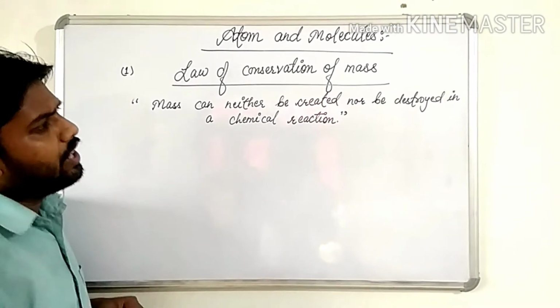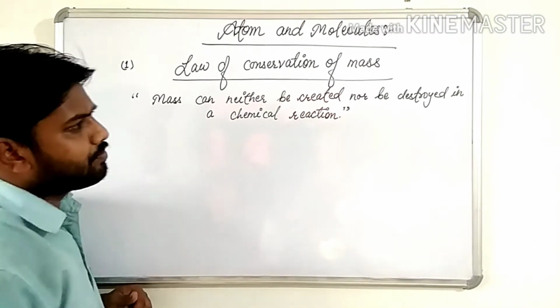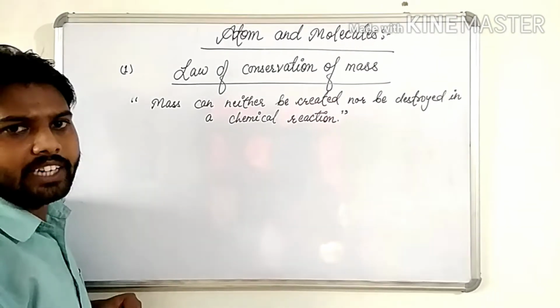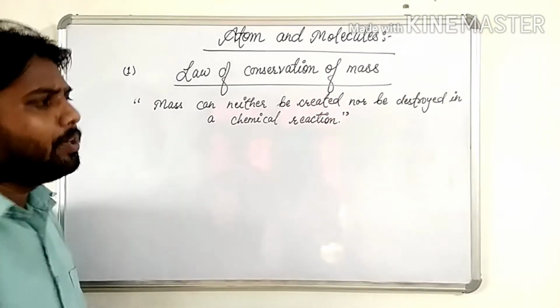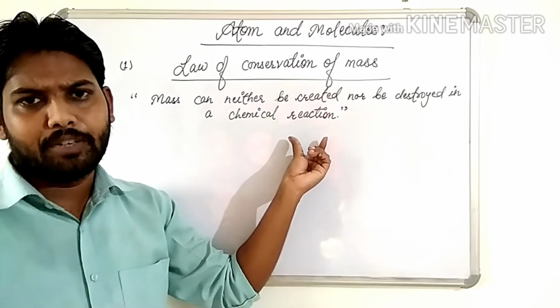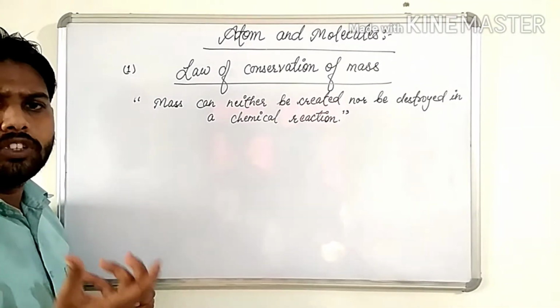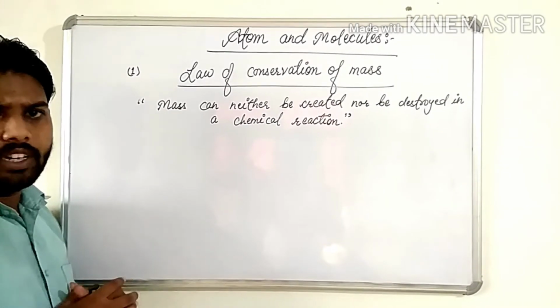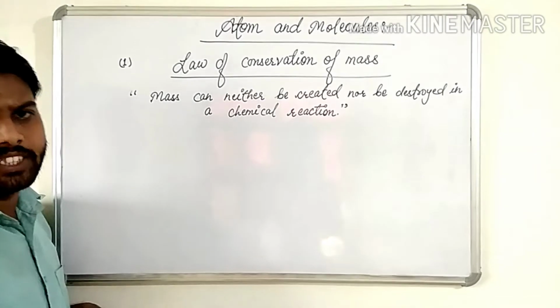According to the law of conservation of mass, mass can neither be created nor destroyed in a chemical reaction. It means there is no gain or loss in mass. Clear? Let us take an example to understand this.